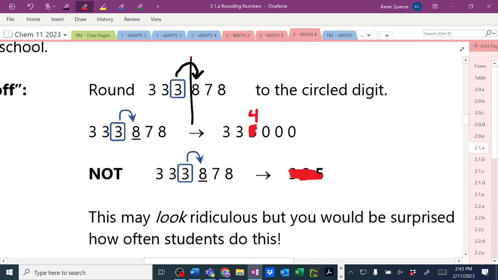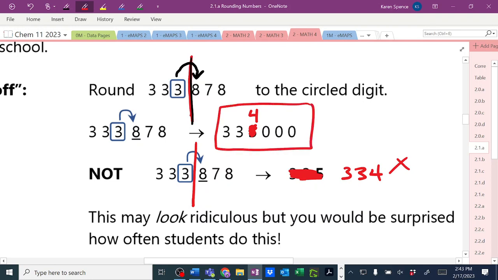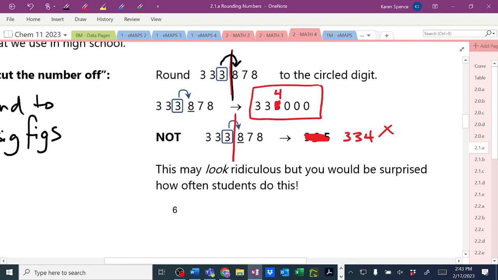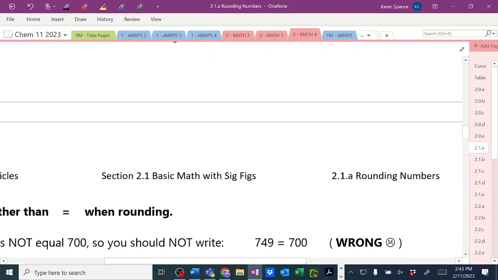However, sometimes people will draw this line here and they'll say, oh, I'm going to round here. And so they will simply cut off the number and make it 334. And that would be wrong because it should be 334,000. That might look silly, but you'd be surprised at the number of times I say round to 3 sig figs and people say, look, I did. Right? And they forgot that there was 334,000, just not 334. Okay, happens a lot.